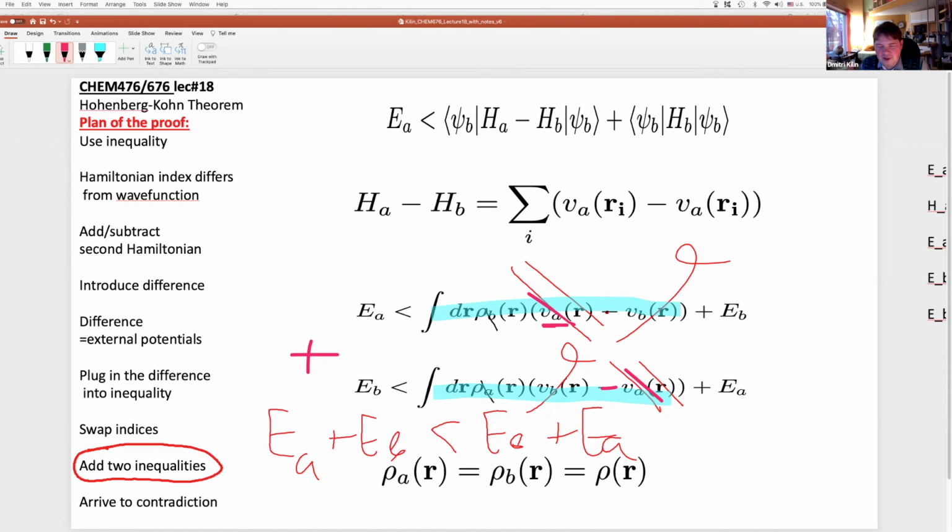Here we have minus V sub B. Here we have plus V sub B. If we add together, they cancel. And as a result, we are getting E sub A plus E sub B is smaller than E sub B plus E sub A, which is absurd, which is a contradictory result.